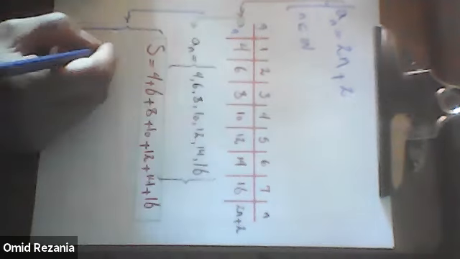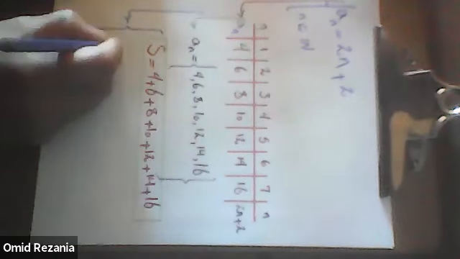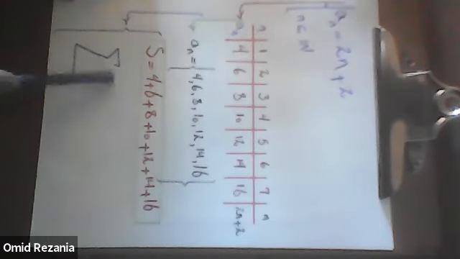I'm going to write sigma. You see, that's the sigma. Everyone sees this notation? Yes. Awesome. What I'm going to write in front of the sigma is the function by which the sequence is represented.